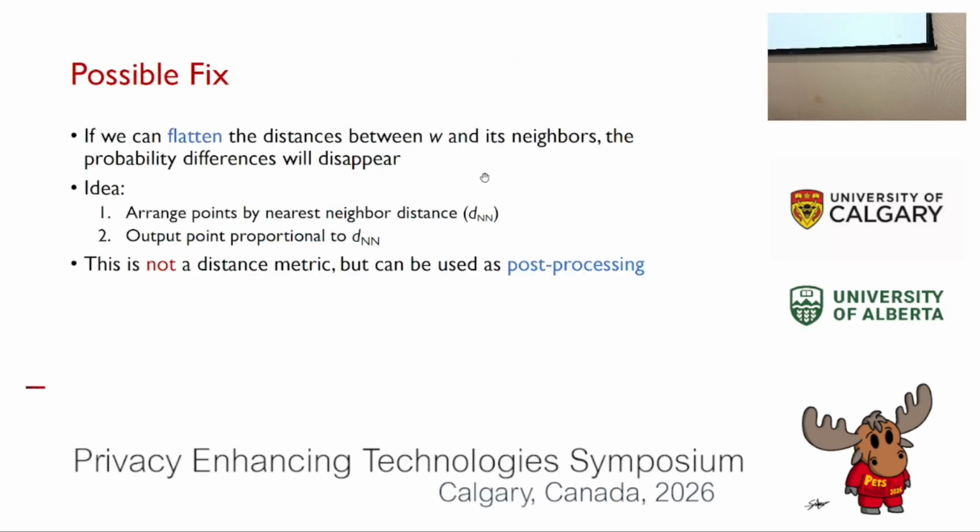This also tells us a way to fix it. If we can flatten those distances somehow, then we would be able to fix this issue. So what we can do is arrange the points according to their nearest neighbor distance and then sample proportional to that distance. But the problem is this is not a distance metric, so we can't use it as a dX-Privacy mechanism, but we can use it as a post-processing step.